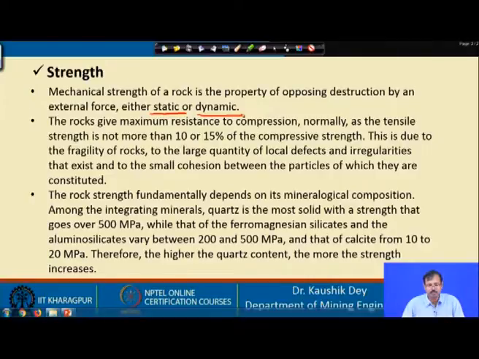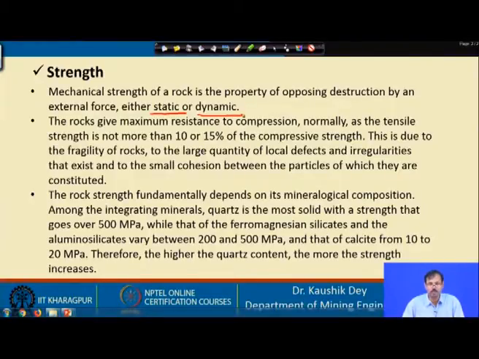Mechanical strength is defined by the maximum stress withstood by a rock specimen subjected to static or dynamic loading. The difference between static and dynamic loading depends on the loading rate, that is, how quickly we increase the rate of loading.